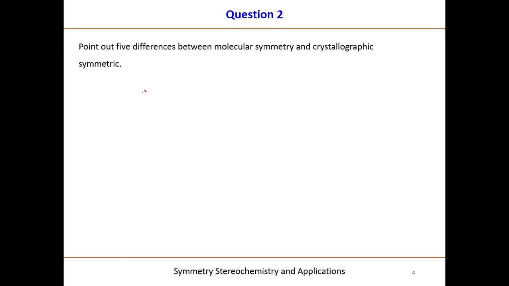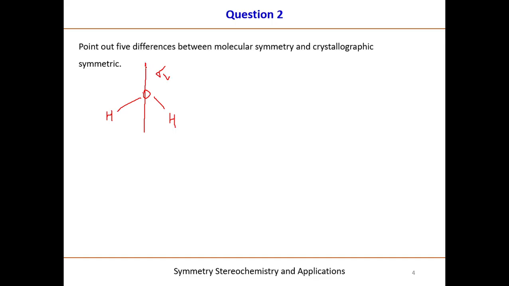First, I will give an example for molecular symmetry. Suppose we have a water molecule, correct? When we pass the plane, it will pass through the oxygen, and we will get the sigma v plane.